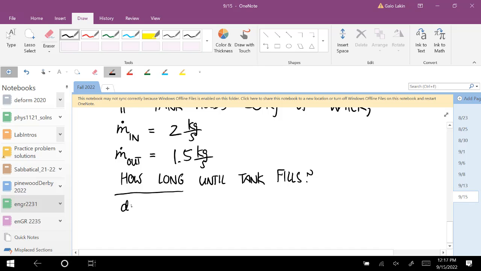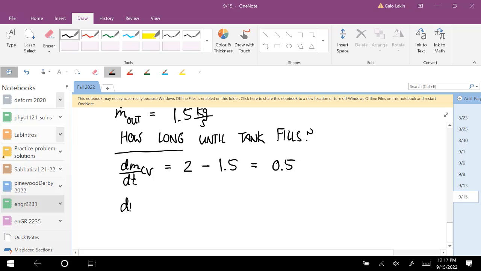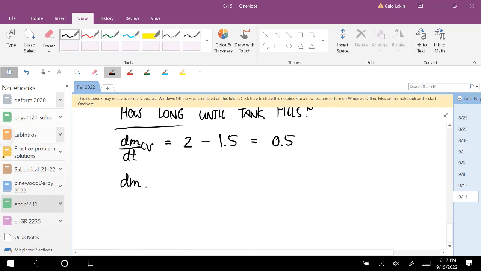So the mass balance says dm/dt in the control volume is equal to the mass flow rate in, so 2, minus the mass flow rate out, so 1.5. And so all this is equal to 0.5. And now it's just an integration to calculate when that change in mass is going to hit, what did I say, 20 kilograms. Separate variables and integrate.